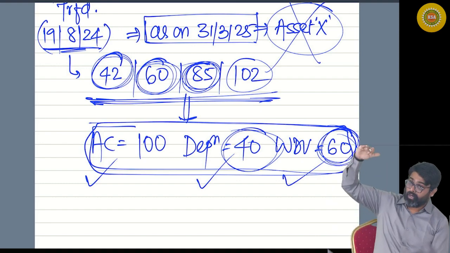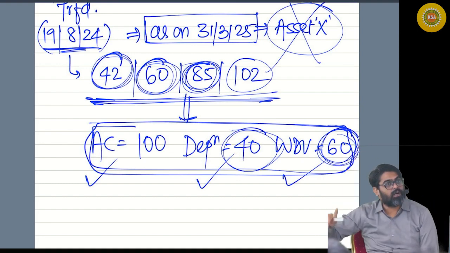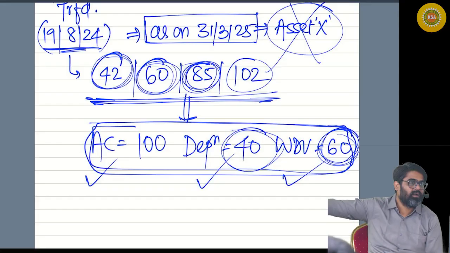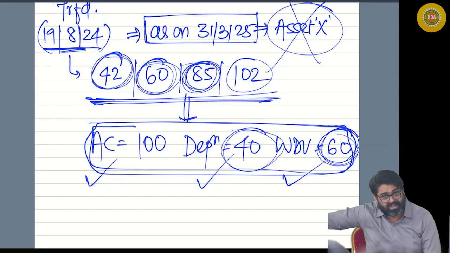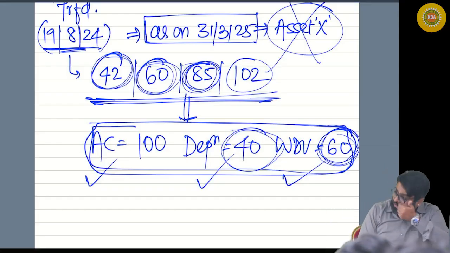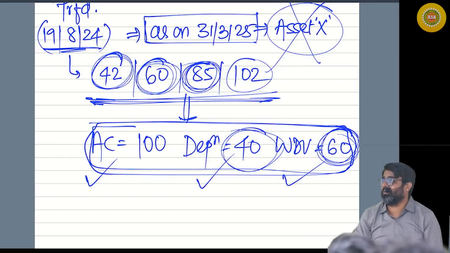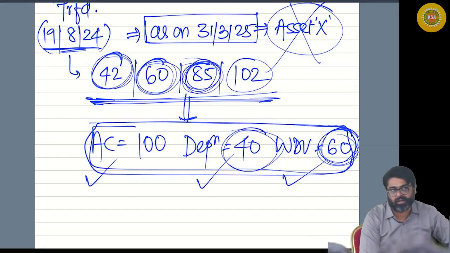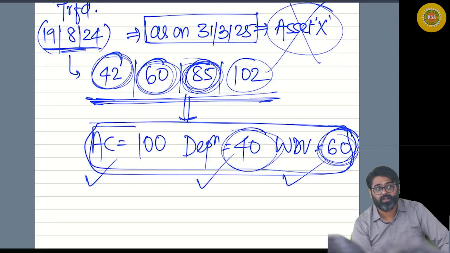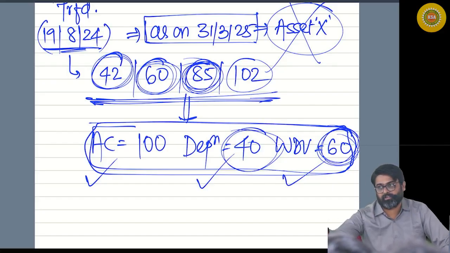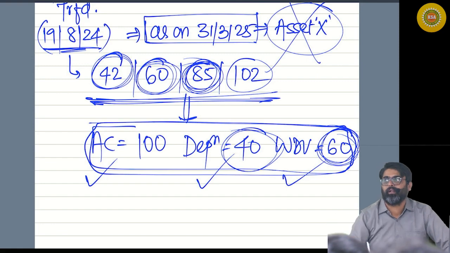Out of the cost, 40 lakhs cost is allowed in the form of depreciation under the head PGBP. And how much cost is still remaining to be allowed? That entire 60 you have recovered, no? Because you are selling the asset for that. But don't you think over and above 60, some extra cost you are recovering? We will assume as if that extra cost is recovered out of the depreciation which we have allowed under the head PGBP.